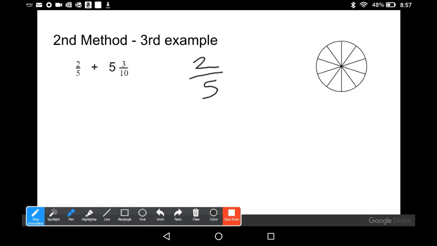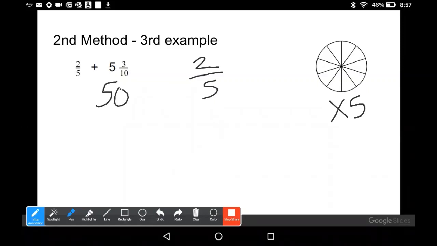Now the 5 3/10. Think about if I had a pizza cut into 10 pieces and I have 5 of these. How many pieces of pizza do I have? I have 5 pizzas that all have 10 pieces, so all in all, I would have 50 pieces of pizza.